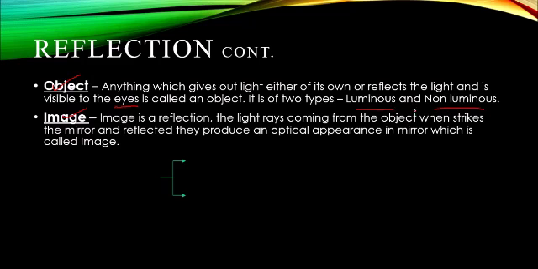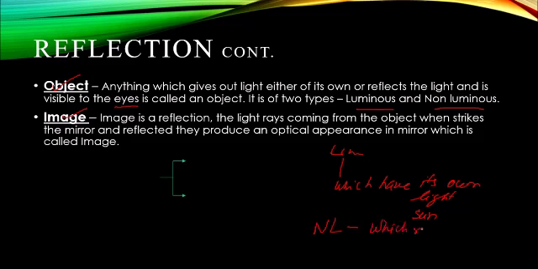So what is luminous object? Luminous object, students, is the object which has its own light, like that of the sun. And non-luminous is that which reflects the light, like that of the moon.